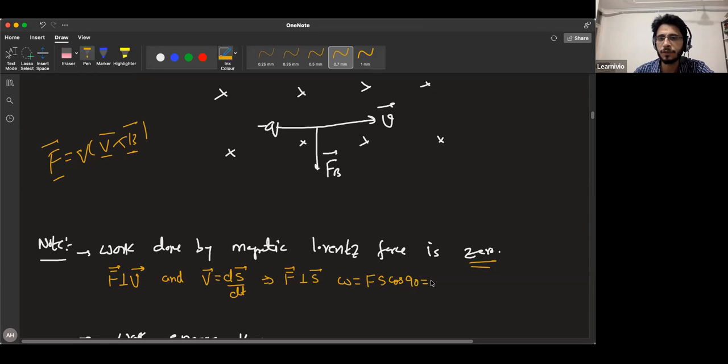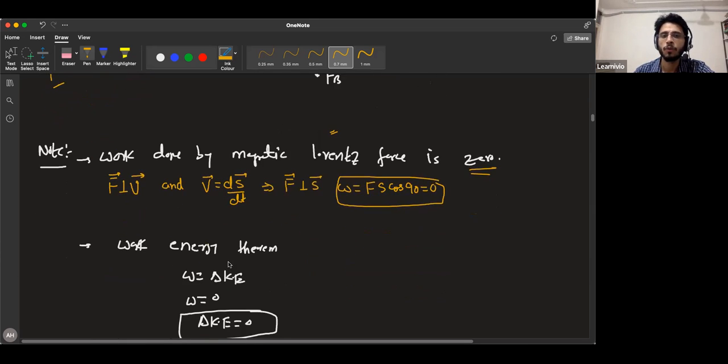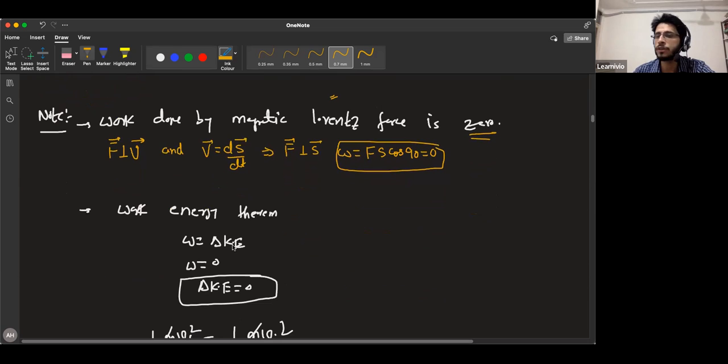Cos 90 is 0, so work done by magnetic Lorentz force is 0. By the work energy theorem, work done is equal to change in kinetic energy. If work done is 0, change in kinetic energy is also 0, which means no change in kinetic energy due to magnetic Lorentz force.